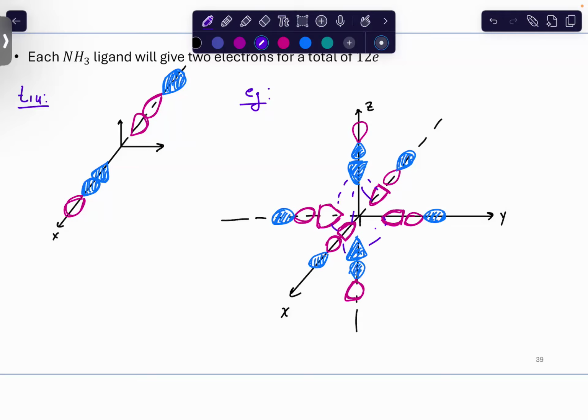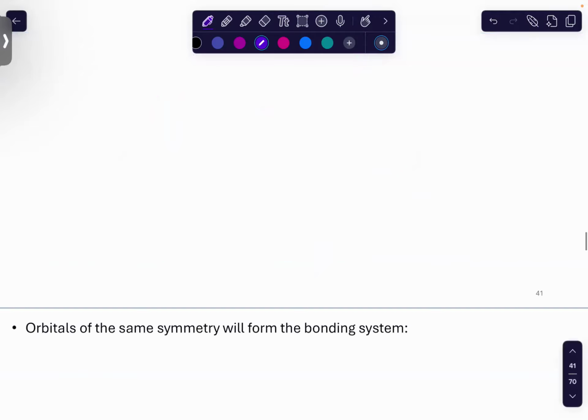And if you start going around and you start building up all these different orbitals, you're going to see some of them have repulsion, some don't. But the more repulsion you get, of course, you're going to get higher in energy.